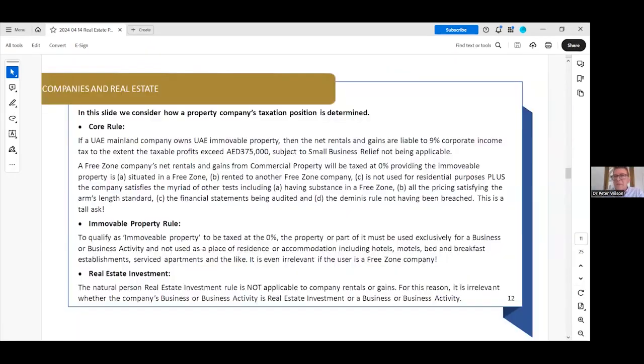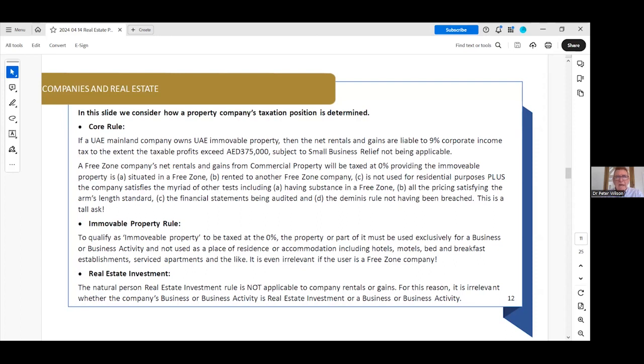Before I move on to companies, I just want to summarize natural persons. So natural persons, the cabinet decision says that if a natural person is carrying on a real estate investment activity that is not a business or a business activity that requires a license to conduct, then the gain won't be taxable.